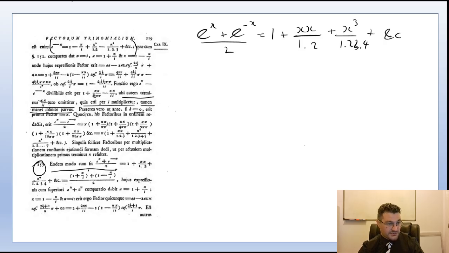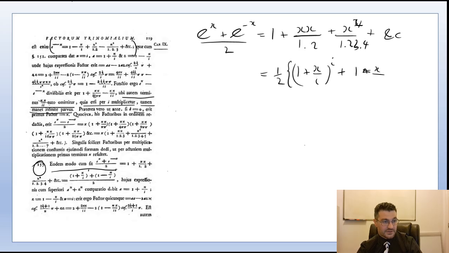Forgive me for the slip earlier. And this is also equal to a half times (1 plus x over I) to the power of I plus (1 minus x over I) to the power of I.